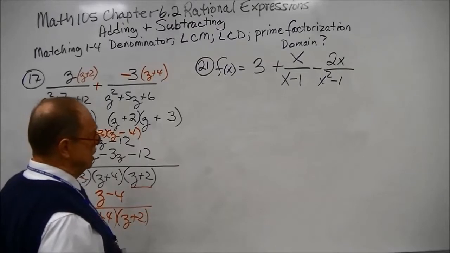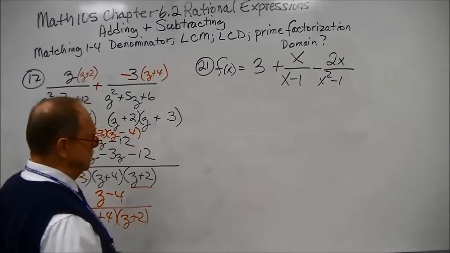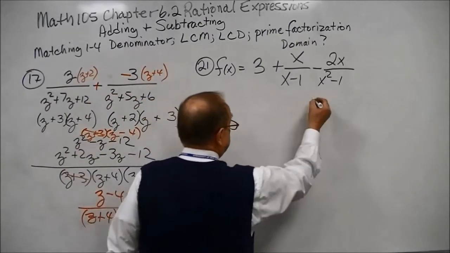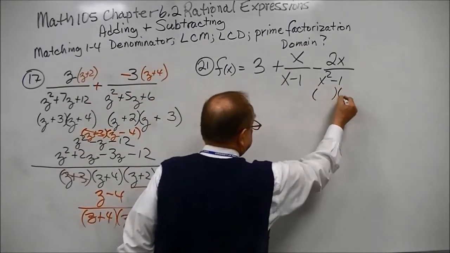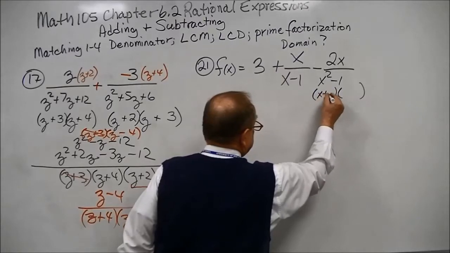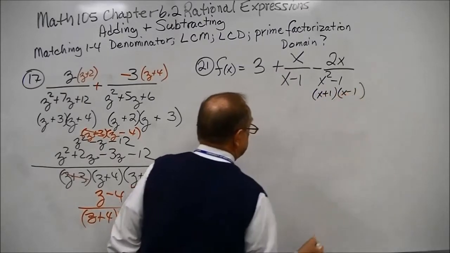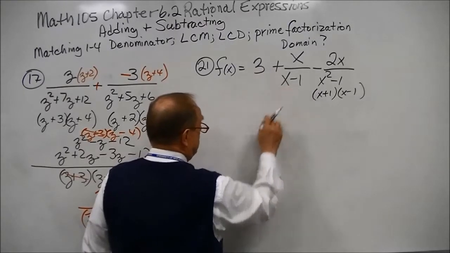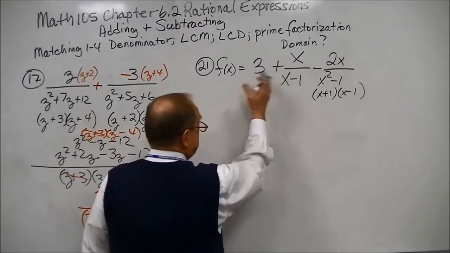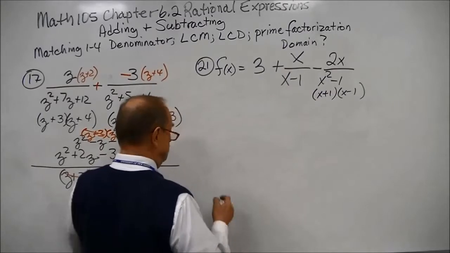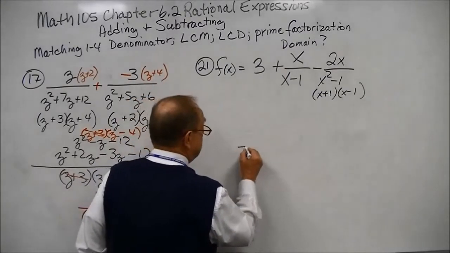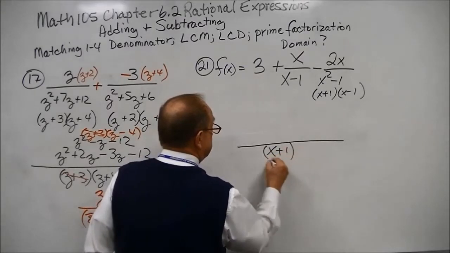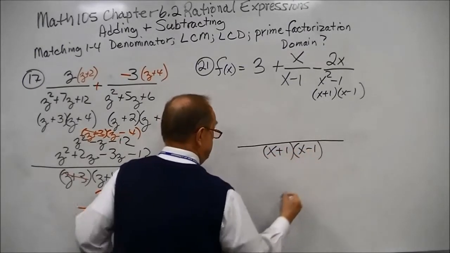Now you might say, well, what's our lowest common denominator there? Well, we have to factor this. We know it's going to factor into its conjugates. And this one already has a negative x minus 1. But this one doesn't have anything. So our common denominator is going to be x plus 1, x minus 1.